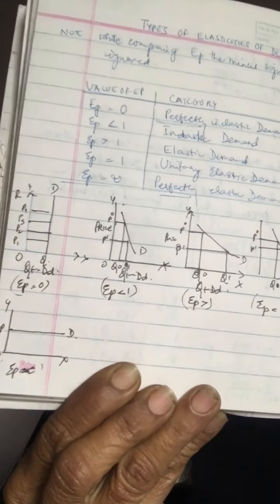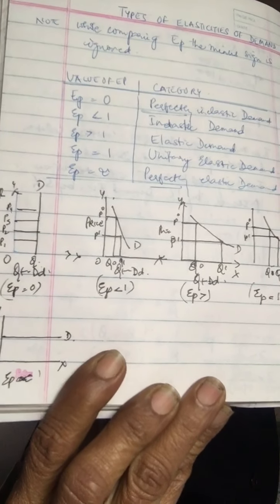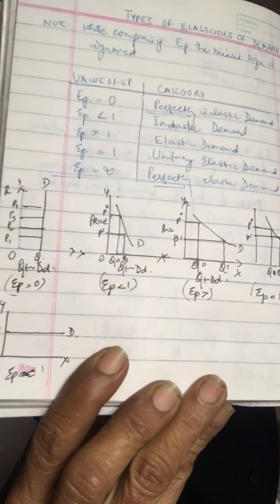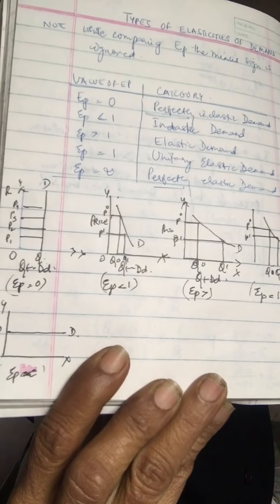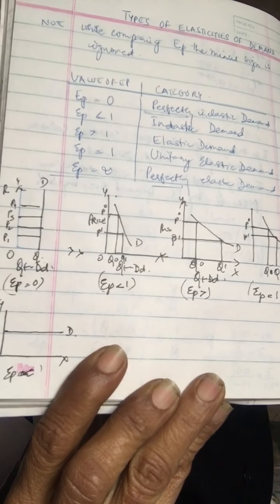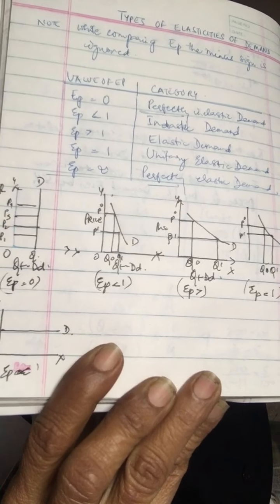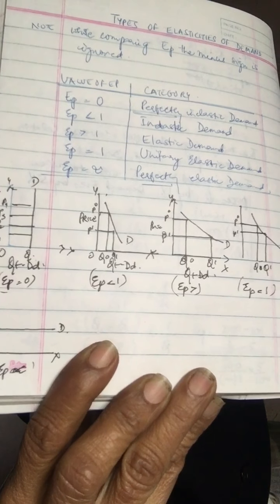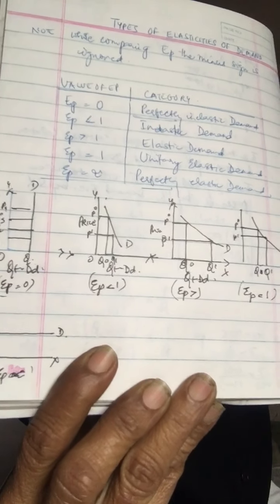We've almost finished, but let me just talk about the first one, which is a vertical straight line, parallel to the y-axis. This is a perfectly inelastic demand curve. It shows that elasticity of demand is 0. It is a situation when a change in price causes no change in the quantity demanded. You can see the illustration there. So elasticity is said to be 0.